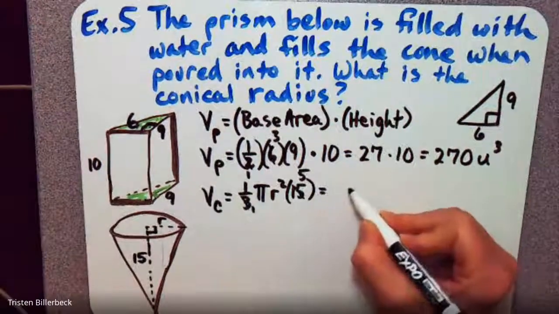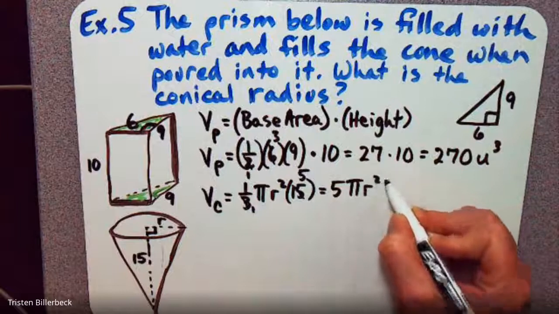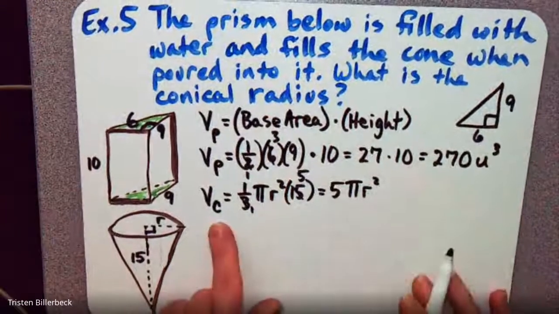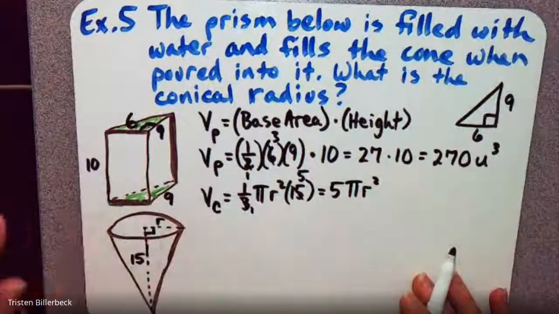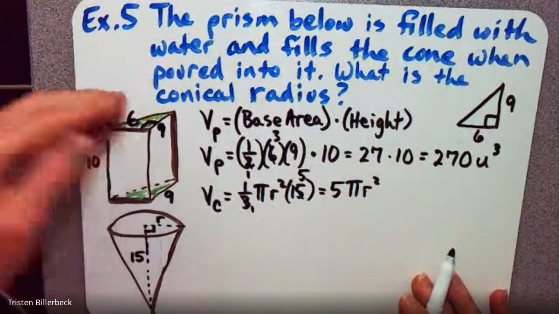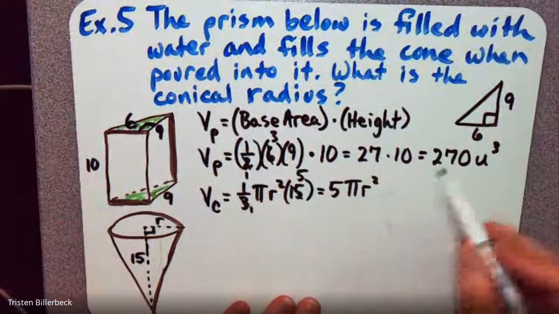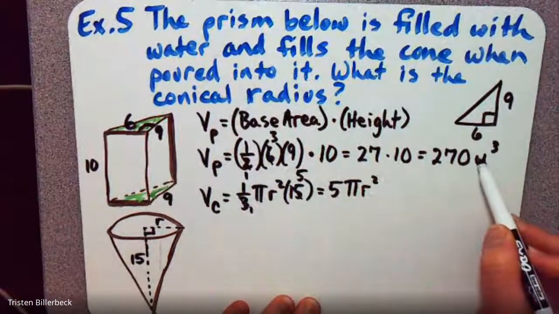So this is going to be 5 pi r squared. Now the volume of the cone should equal the volume of the prism, because this is filled with water and we're going to pour the whole thing into here. So now we can set this equal to that.